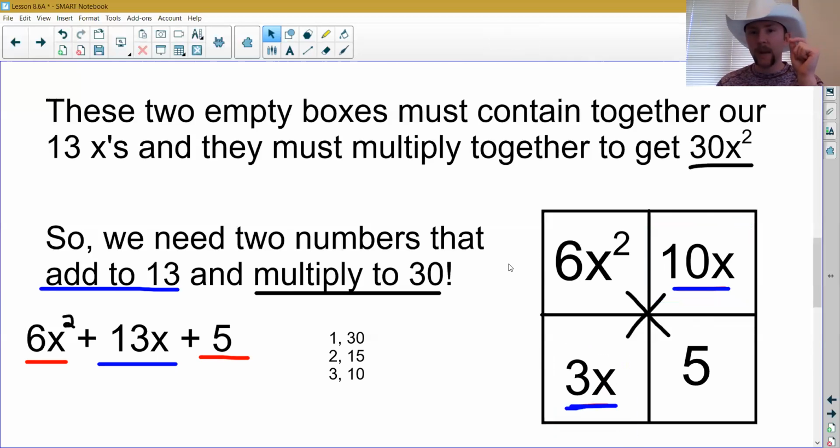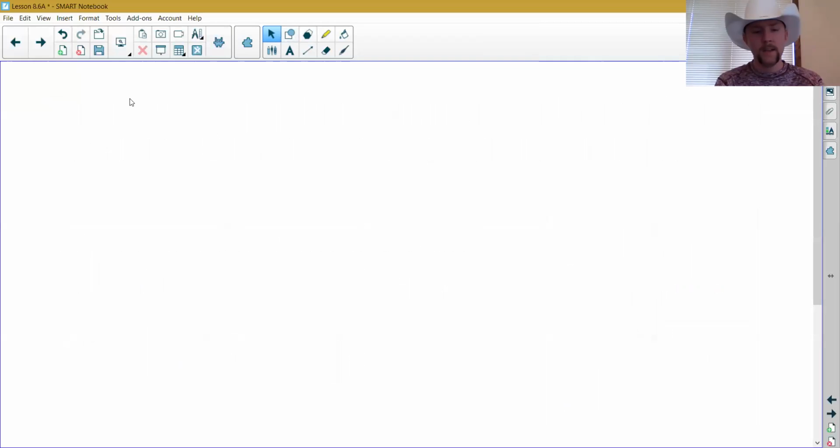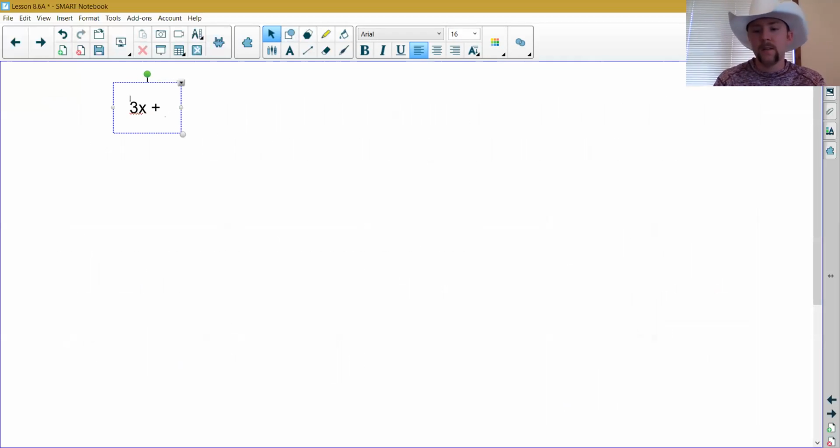So let's look at another example where we have some negatives involved, okay, and see how that affects our window. If I were to give you guys the quadratic trinomial, let's say 3x squared plus 4x minus 20.